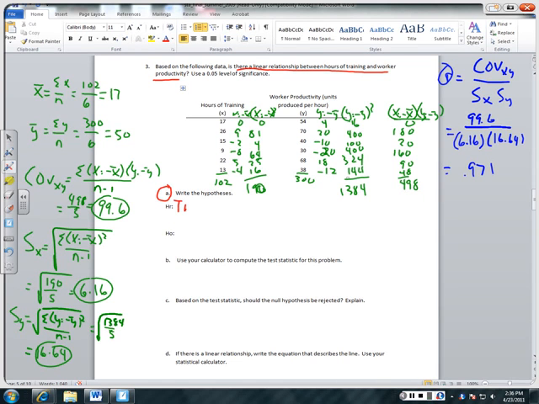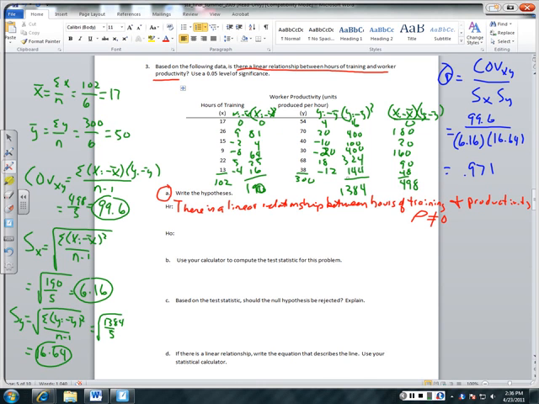HA is that there is a linear relationship between hours of training and productivity. And another way that you could say that is that the population correlation coefficient is not equal to 0.